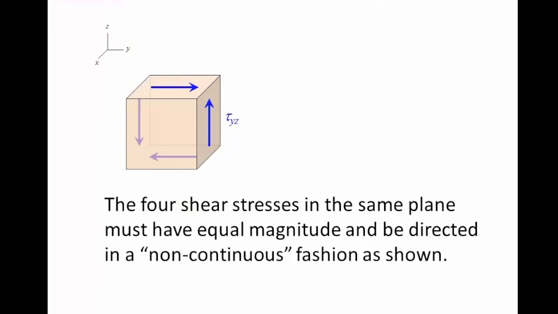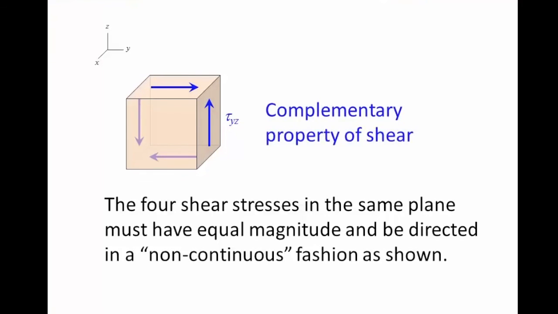Secondly, the shear stresses within the same plane, in this case the YZ plane, must have the same magnitude. Also, their directions must follow this rule, that the two adjacent shear stresses must be either towards each other or away from each other. And this is called the complementary property of shear.